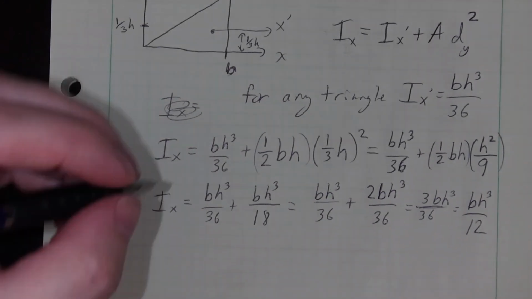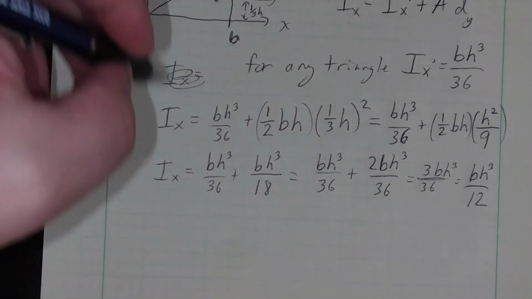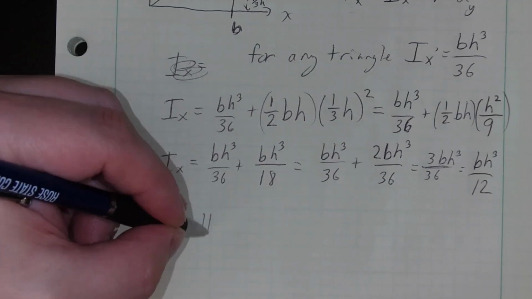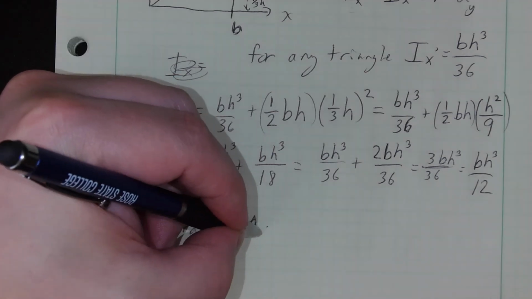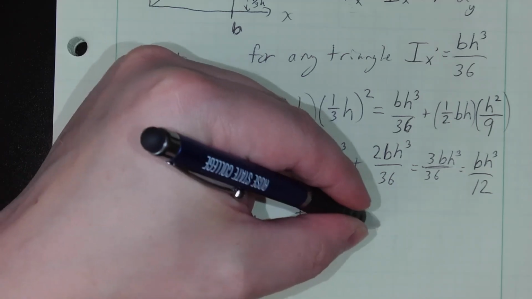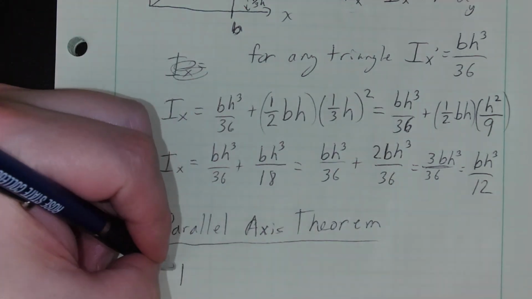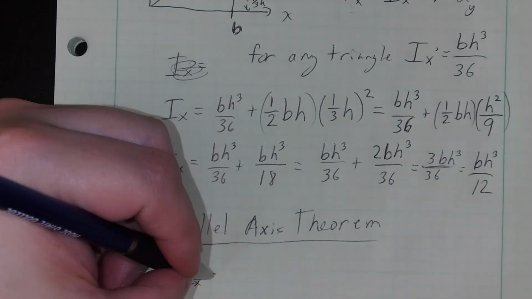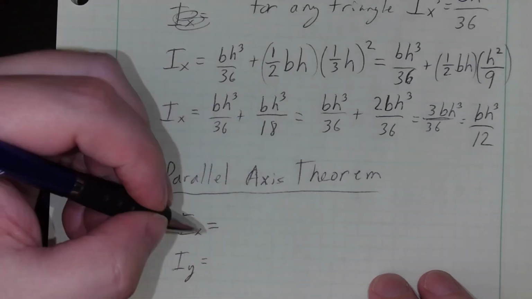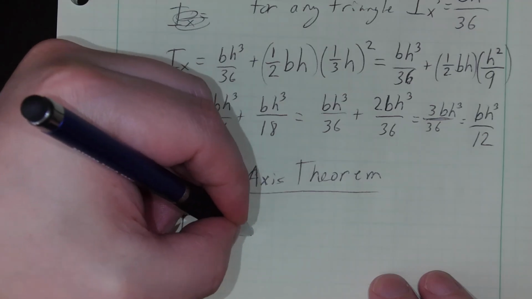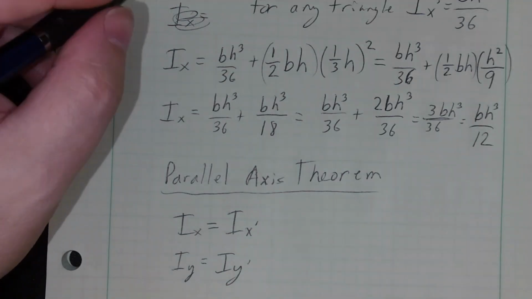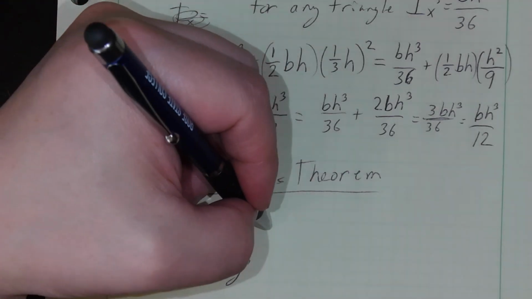Now, this also works in the y direction. The idea of the parallel axis theorem is that I can find the moment of inertia about any x or any y axis for any shape if I know its moment of inertia about its centroidal x or y prime axes, or both.